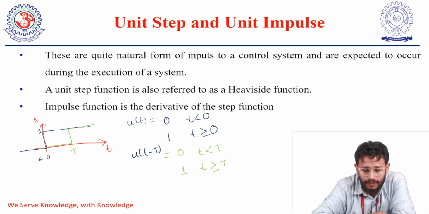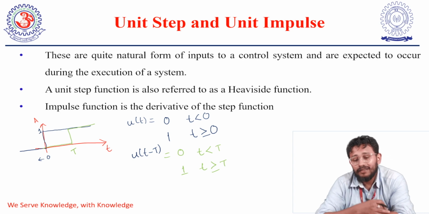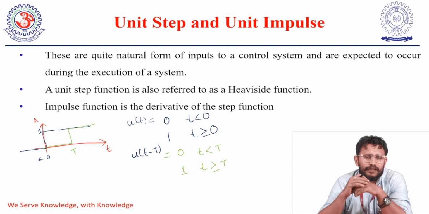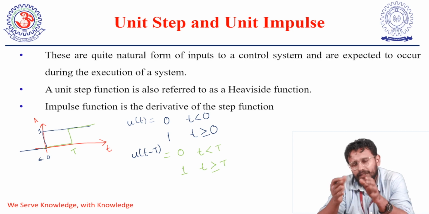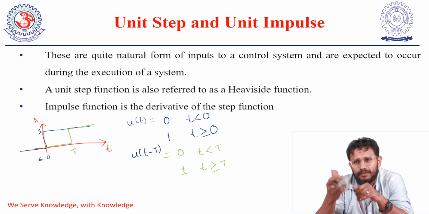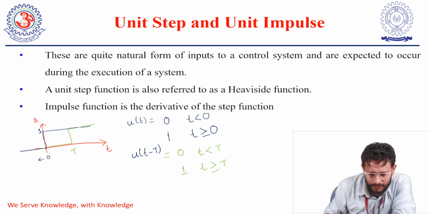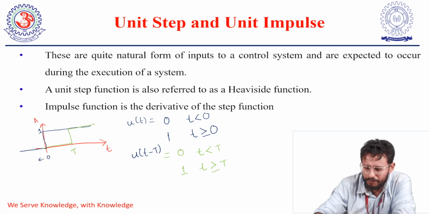Now, when we say that the impulse function is the derivative of the step function, what do we exactly mean by that? Let's see how we define derivatives. The derivative of a particular function is basically the rise over the run. If you notice this particular segment before 0, let's take a new page and try explaining it.